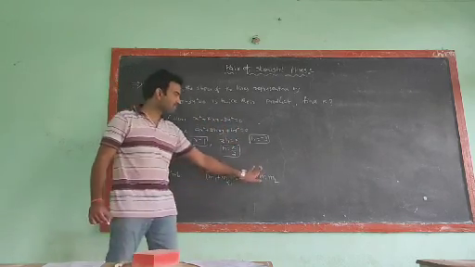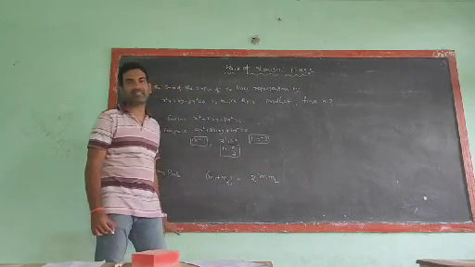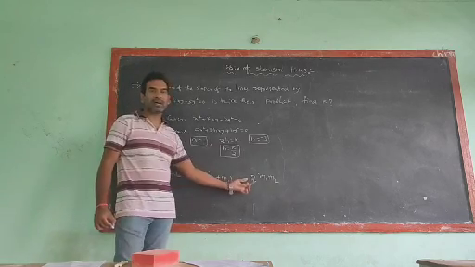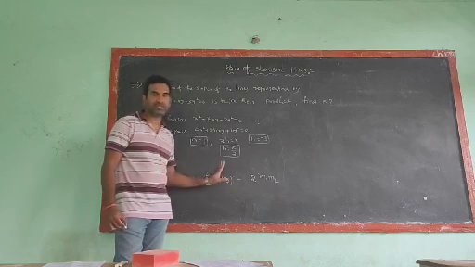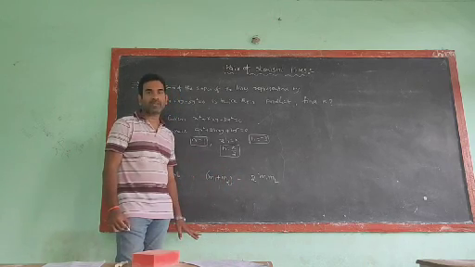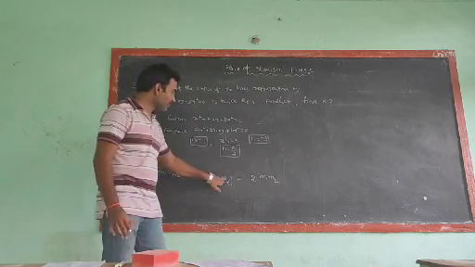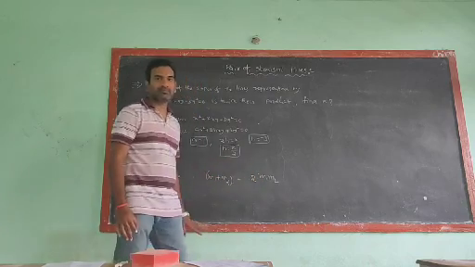Suppose this value is 1, then 2 times it will become like this. Carefully you have to write down the condition here. If you make a mistake in this situation, the total problem will become wrong. So the sum of the slopes is twice the product of the slopes.